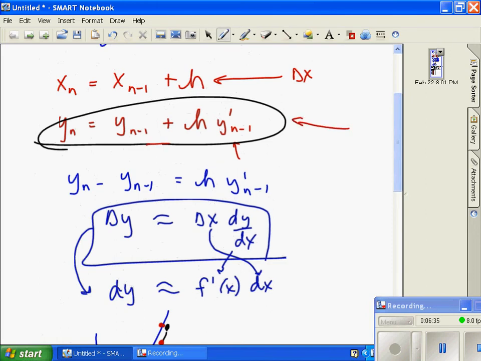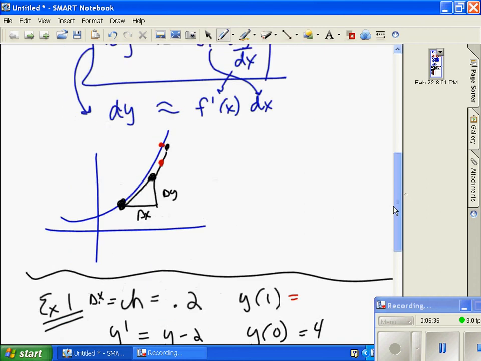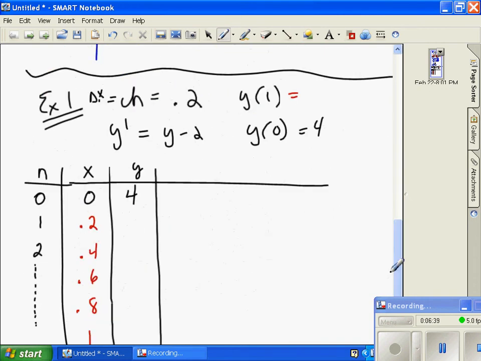They're very similar, but I like saying, okay, I'm going to find my delta y, and the way I'm going to do that is I'm going to find my dy dx, which is my y prime, times my delta x. I want to find my y prime of x times my delta x.